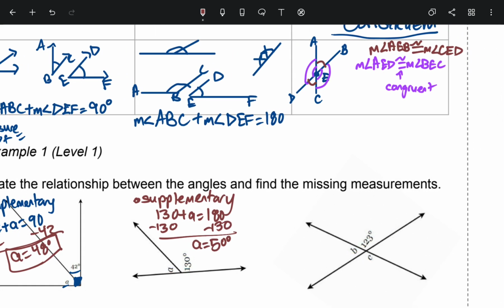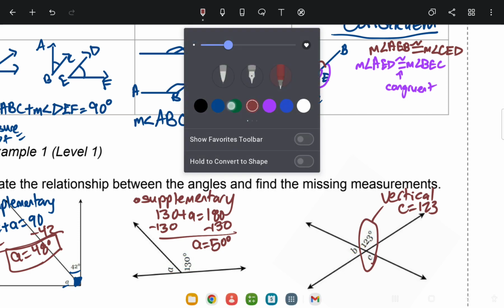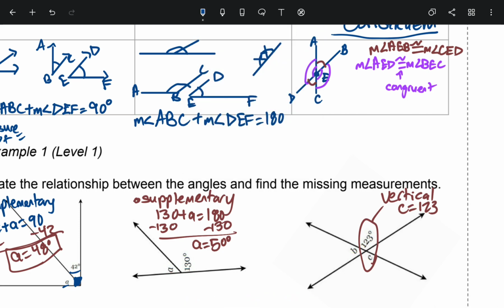Now this last one, we have two angles we are looking for. So angles 123 and C, those are going to be vertical, which means C equals 123. And that's all you got to do for that bit. Now these two, B and 123, those are supplementary.